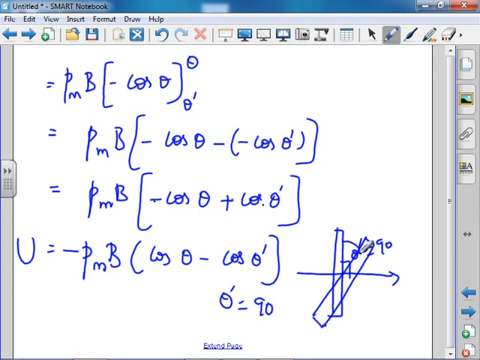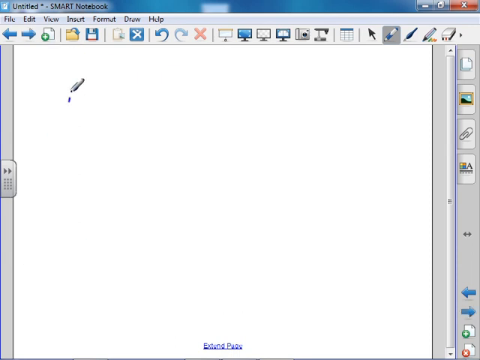If theta dash is 90 degree, what is cos theta dash? Cos 90 will become 0. So this term will become 0. So we can write this equation as U is equal to minus Pm into B cos theta.